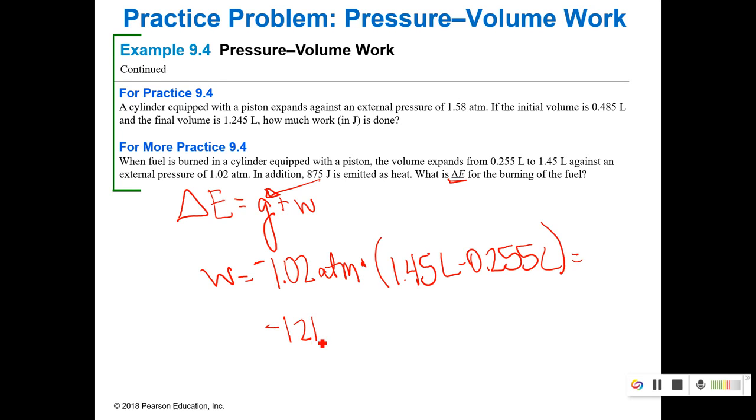I get negative 121.89. But remember, this is atmosphere liters. We got to get that to joules. So times 101.3 joules per liter atmosphere.